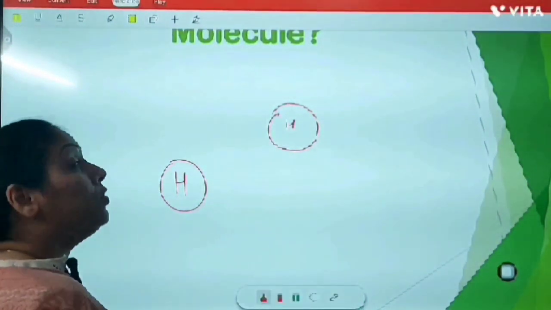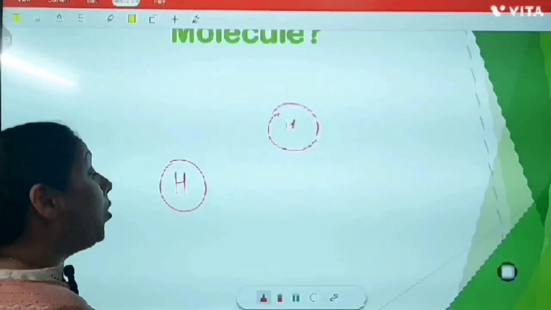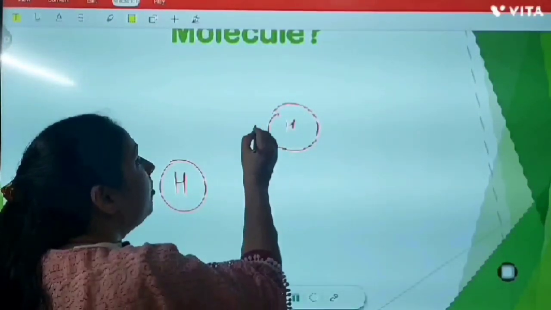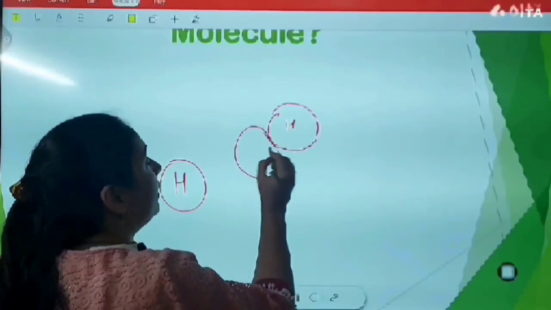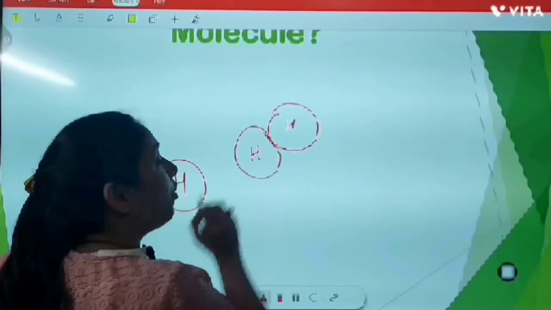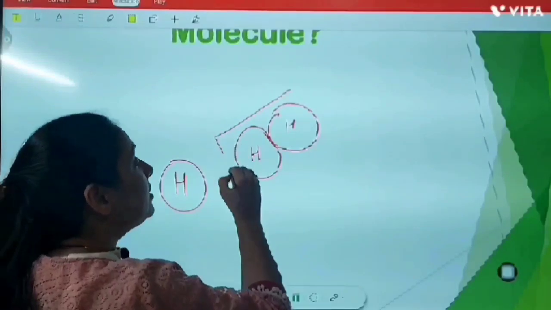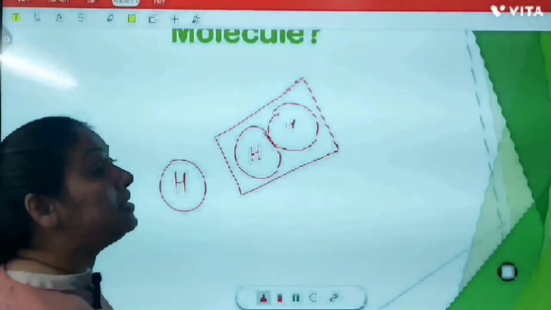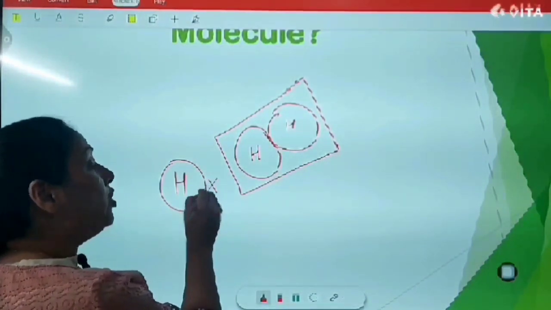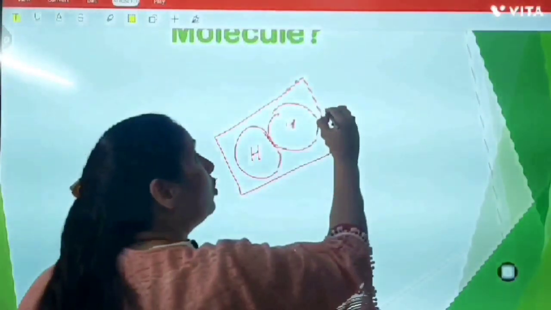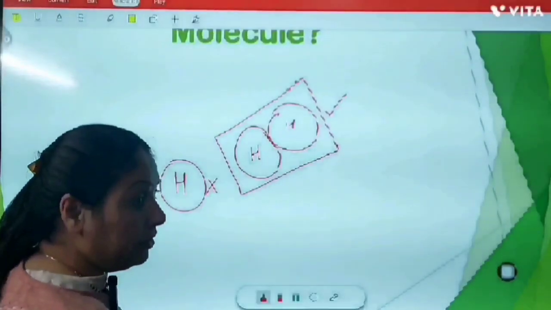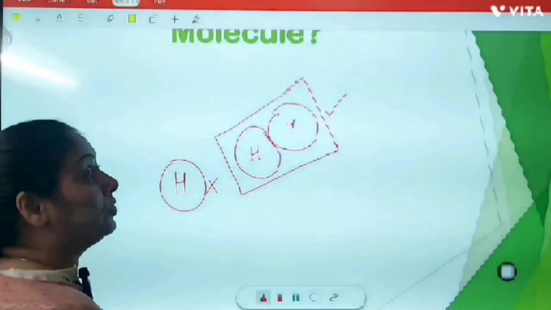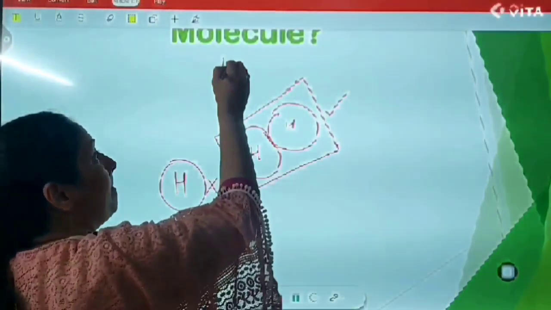So they come close and form a bond. This is how they are happy, and this is how they exist in nature. Singly, they will not be seen in nature, but as a group, they definitely appear freely.